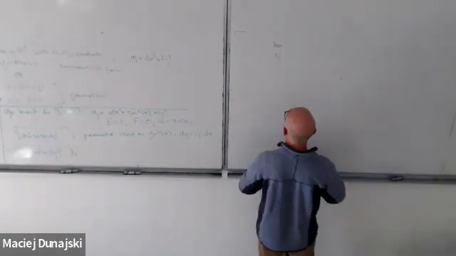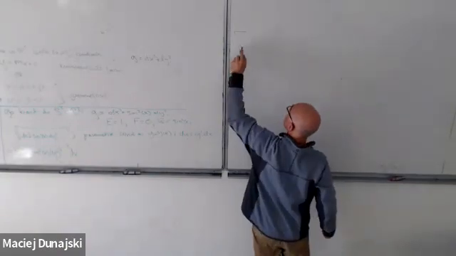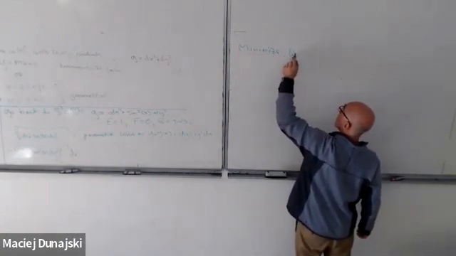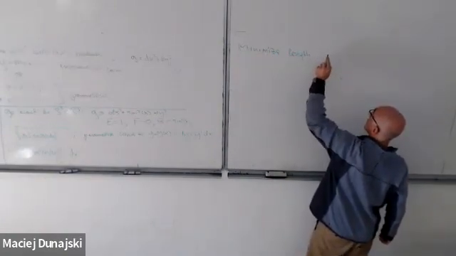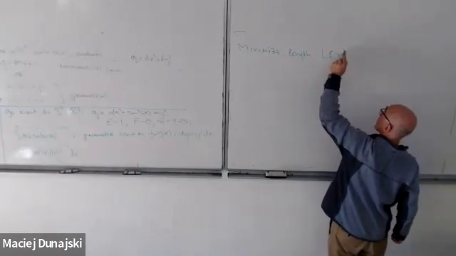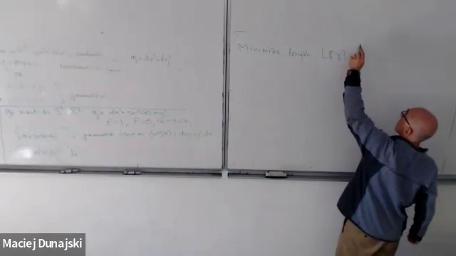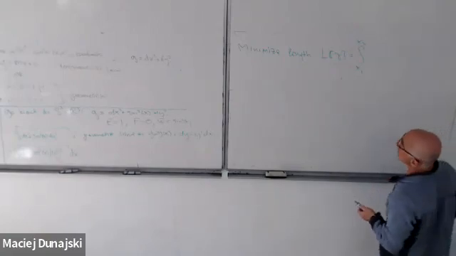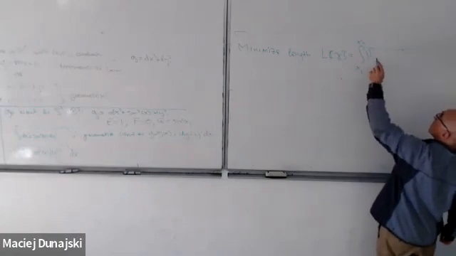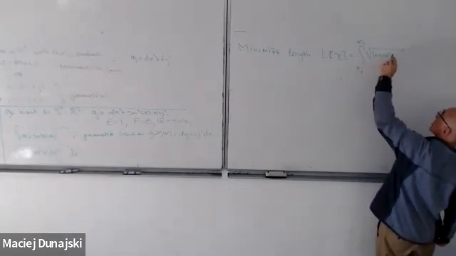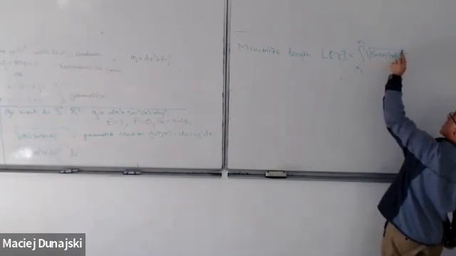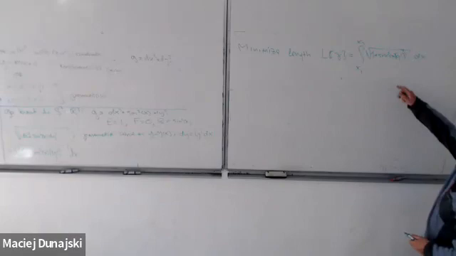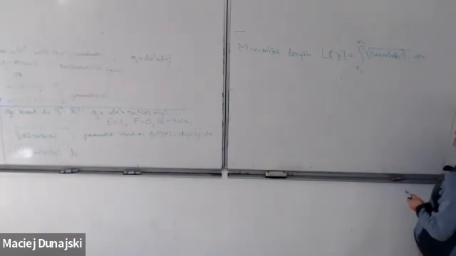So minimizing length, which is now an integral between x1 and x2, two values of x on the sphere. x is this azimuthal angle, square root of 1 plus sine square x y prime squared dx.